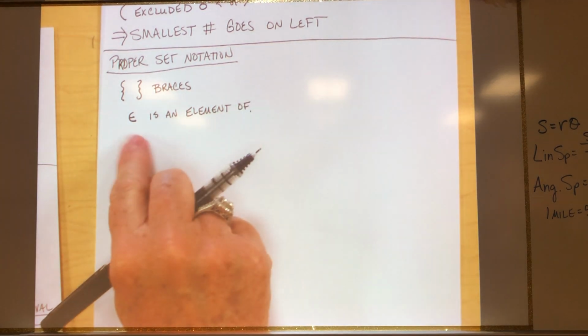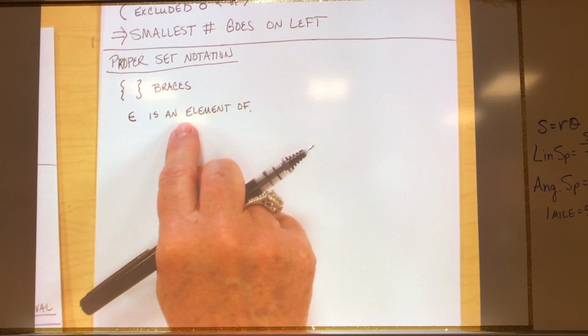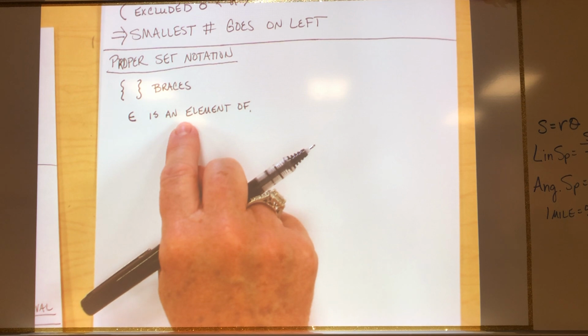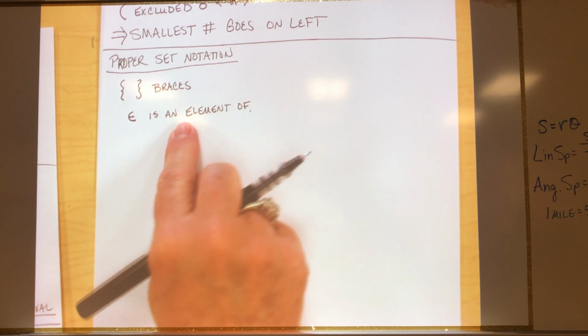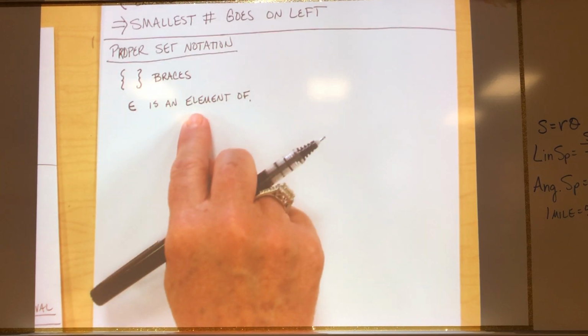Okay? It means is an element of. You are an element of PreAPalg2 4th period. Okay? You are also an element of Little Cypress Mauriceville High School. All right? So that just means he's a member of that.